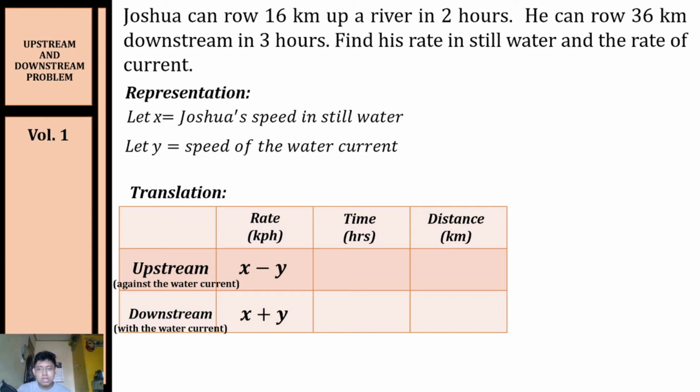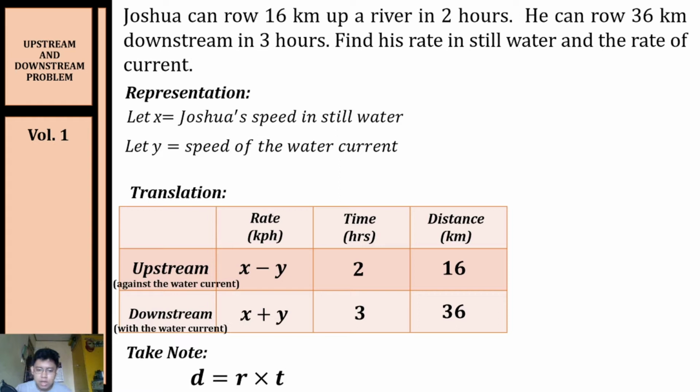Now, let's proceed to time. Moving up, it took him 2 hours to travel 16 kilometers, while for downstream, it took him 3 hours to travel 36 kilometers. So to write our equation, given the rate, time, and the distance, we can use the distance formula, D equals rate times time.